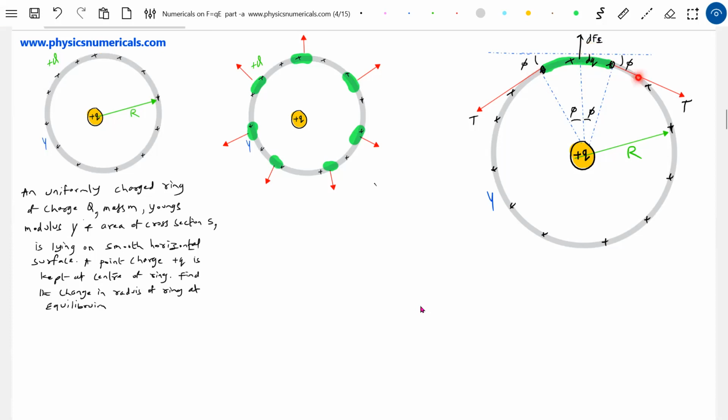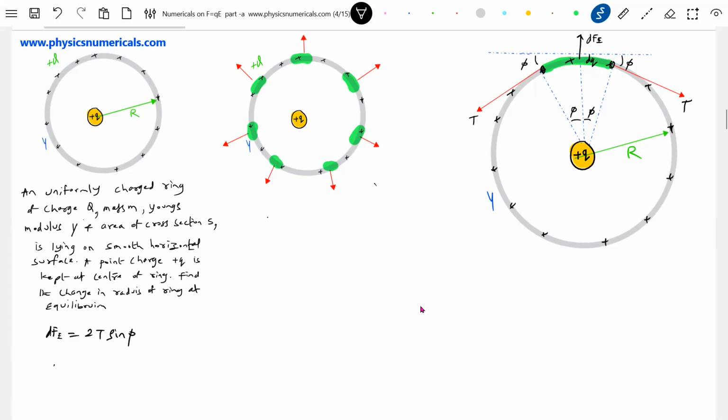The component of elastic forces set up in the ring. Then at equilibrium, dFE should be equal to 2T sin phi. The component T sin phi is balanced by this electrostatic force.